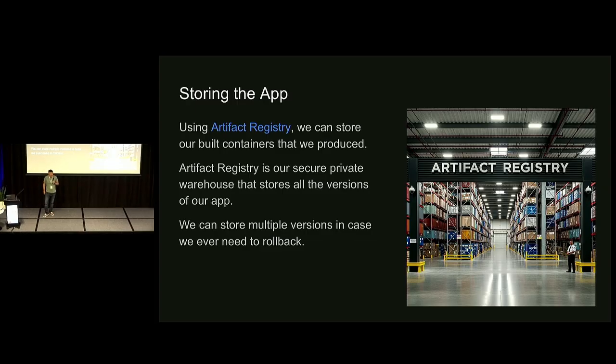And Artifact Registry is basically like a warehouse for all of our versions of our app. So with Docker, you tag your images with, hopefully not latest, but a git hash usually, or a git tag, and then you can easily find the artifact that you want to deploy. But Artifact Registry allows us to store those versions, and if we ever need to go back, we can just re-release an old version.